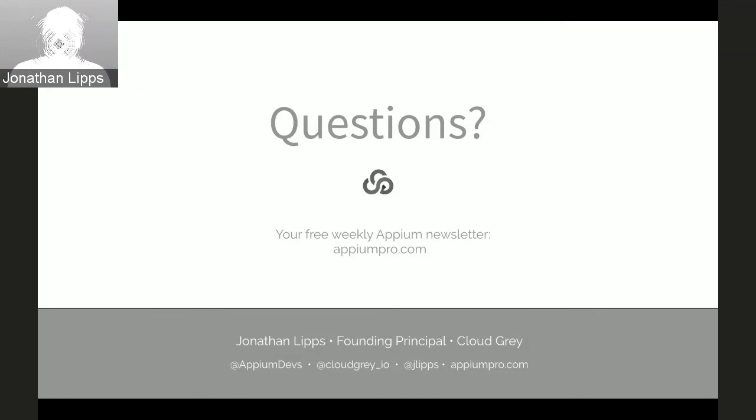Some of the things you can't do with Espresso are automate the entire device. One of the nice things about UI Automator 2 is that it just runs on a device level context. You can close your app, you can open up another app, you can automate any app. You can automate system apps, you can automate third-party apps. Whereas Espresso sessions are really tied to the app under test being active.